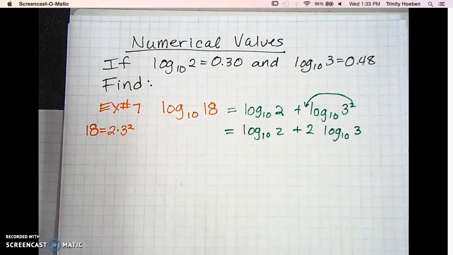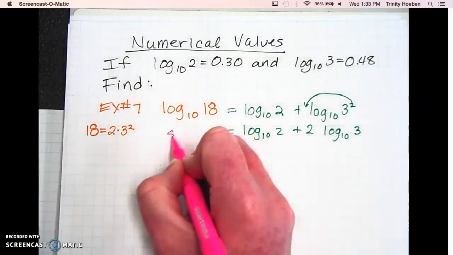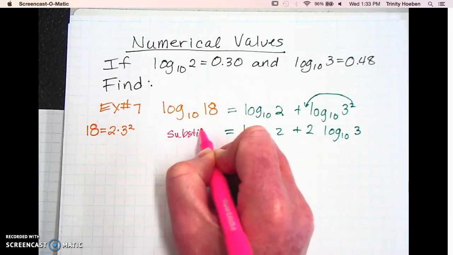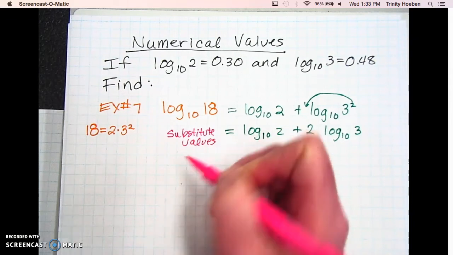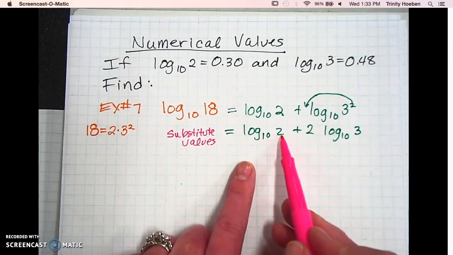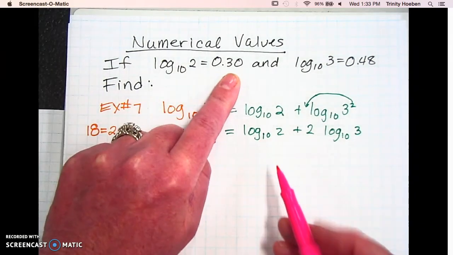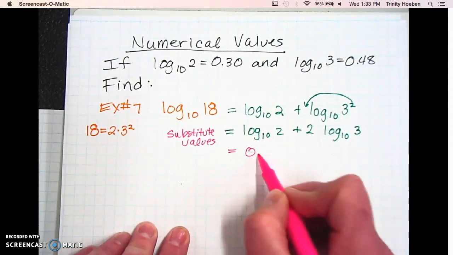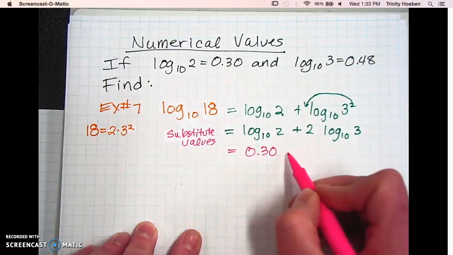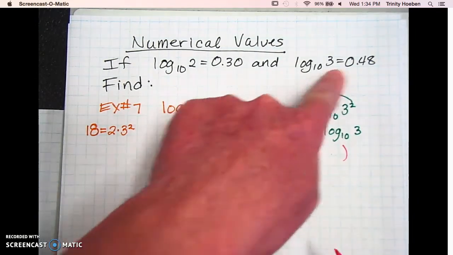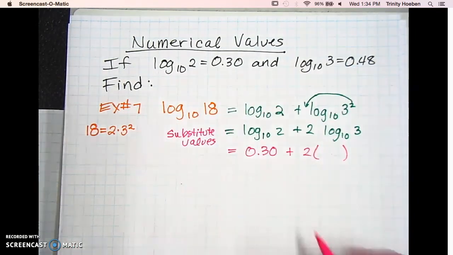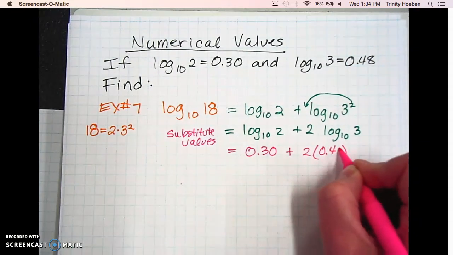And now all we have to do is substitute the values, because now we're ready. So look at the values up top. Log base 10 of 2 is what? 0.30 plus 2 times log base 10 of 3 is what? 0.48.